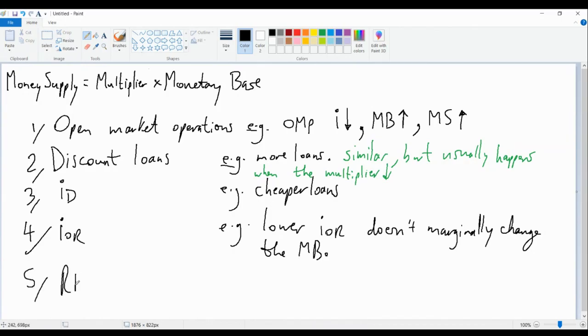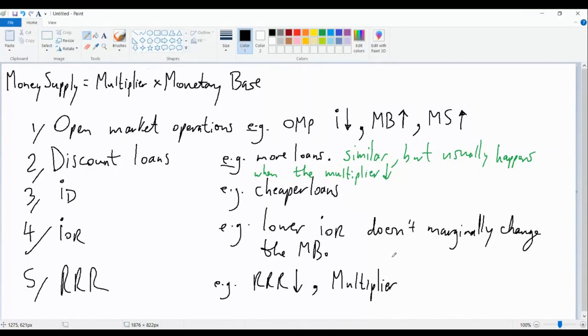Finally, our friend, the required reserve ratio. Let's see, suppose they lower the required reserve ratio. What does that do? The monetary base is not affected, as discussed, but it lowers the multiplier. Sorry about that.